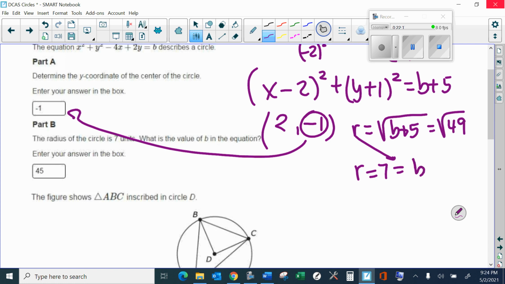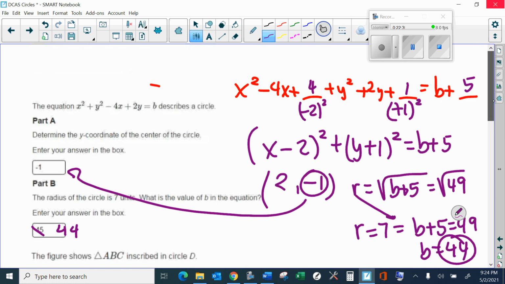So now I have b plus 5 equals 49, and so b has to equal 44. And there's my answer. Their answer is off right there. It's 44, wherever that came from. 4 plus 1 is 5.